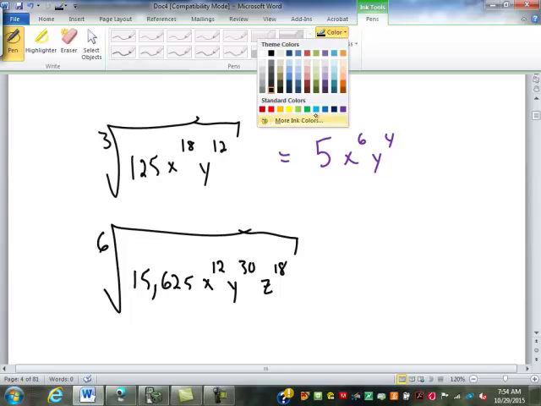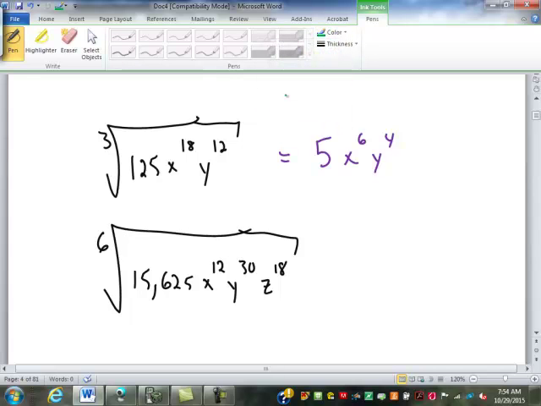How about this one? What's the 6th root of 15,625? It would be 5 or negative 5. And x to the 2, x squared, yep. Y to the, yep, 30 divided by 6 is 5. And z, perfect.